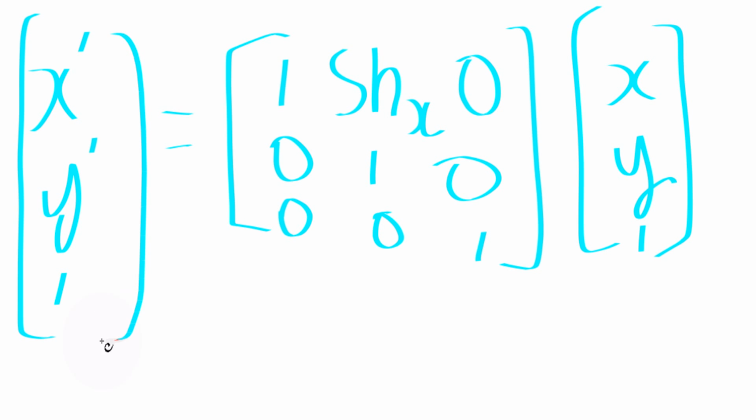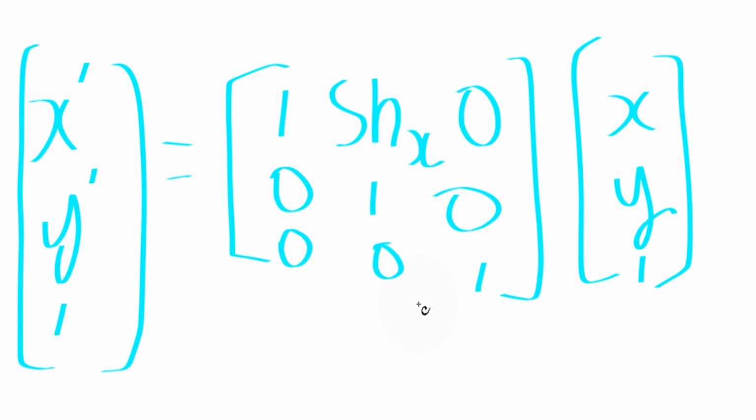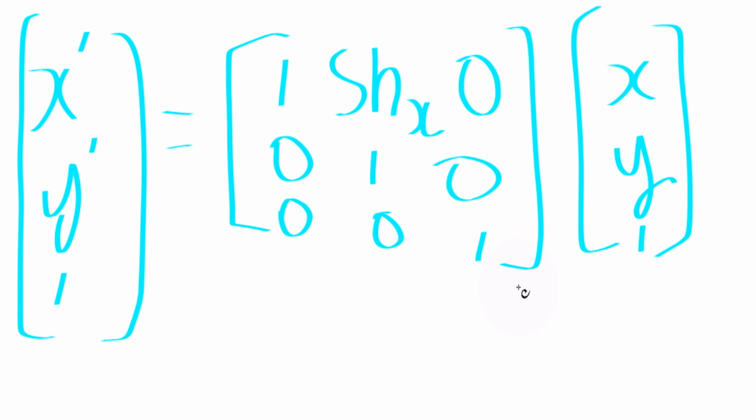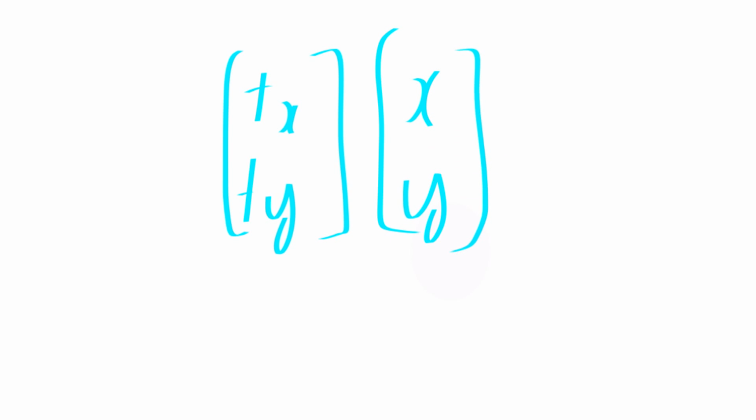So you can ask me why we need a 3 by 3 matrix. This is going to be a complex transformation, and in order to account for a complex transformation, we need a 3 by 3 matrix. When we studied translations, we were not able to multiply these two matrices.